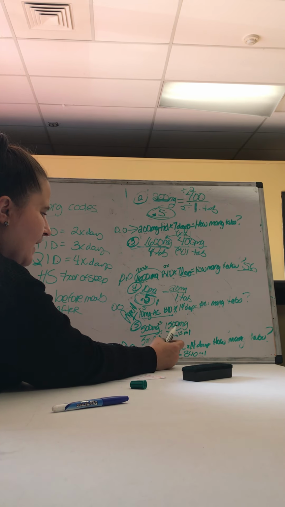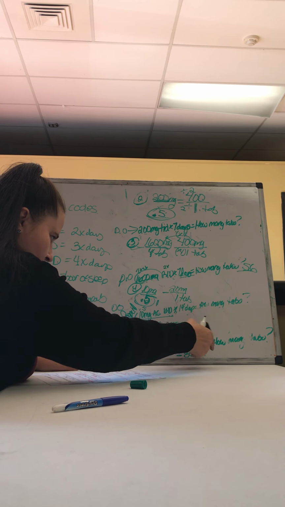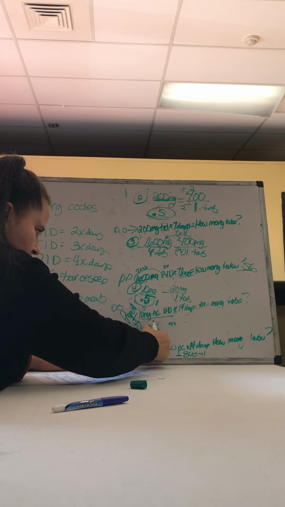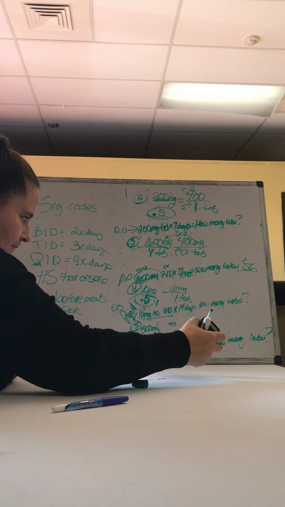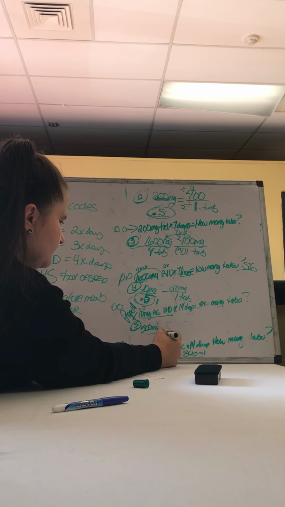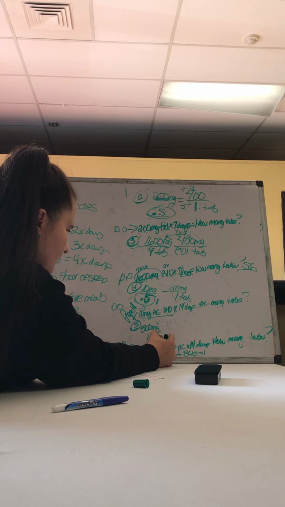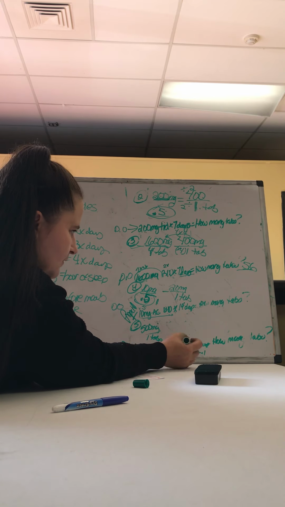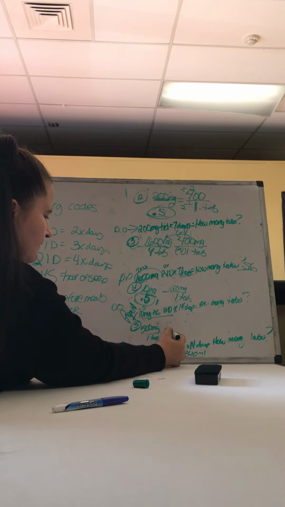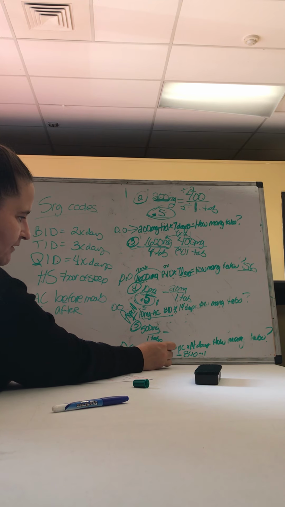But on hand, we have 500 milligrams in 1 tab. Most of the time it's going to be 1 tab. So we have 500, and the doctor ordered 1,500 milligrams.